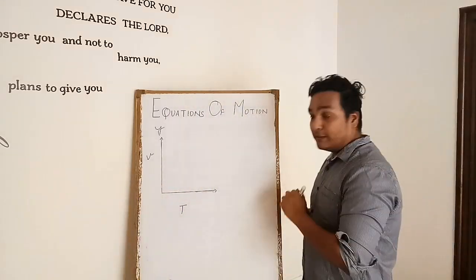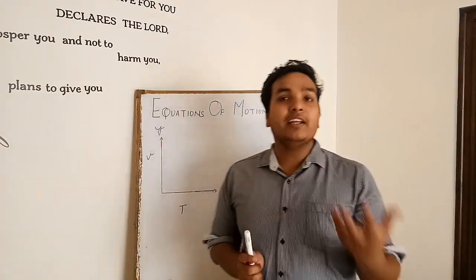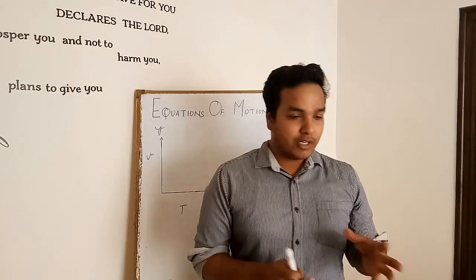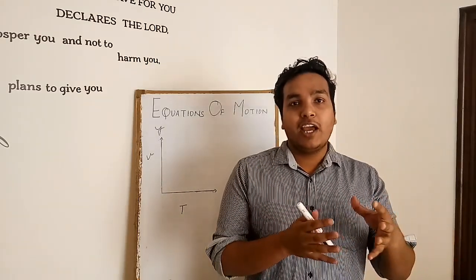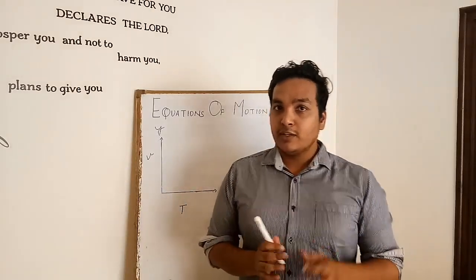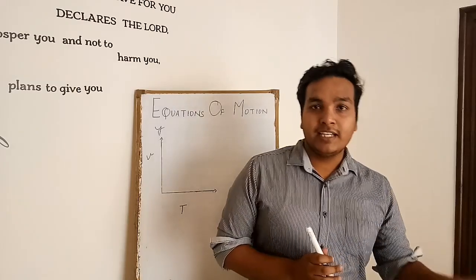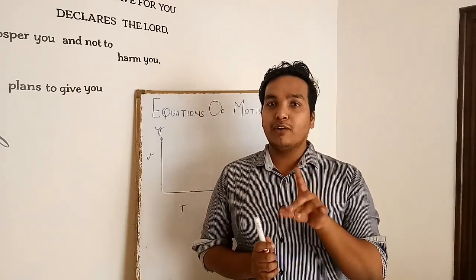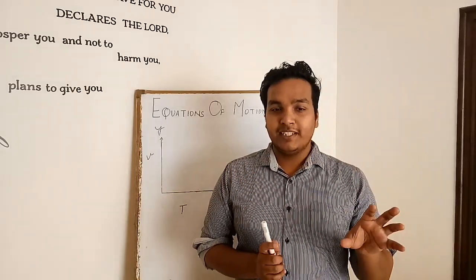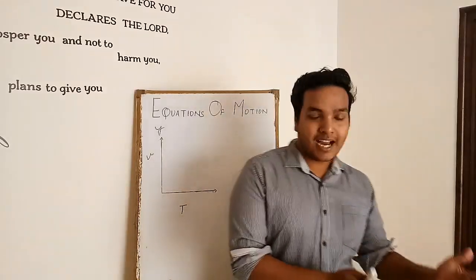One more thing, it is for numericals. If a numerical comes in which it is written a body is starting from rest and it reaches a velocity of 30 meter per second, when it is said a body is starting from rest, that means the initial velocity is 0 and the final is 30 meter per second, because the body is starting from rest.